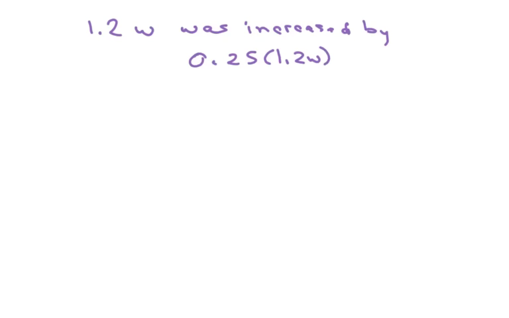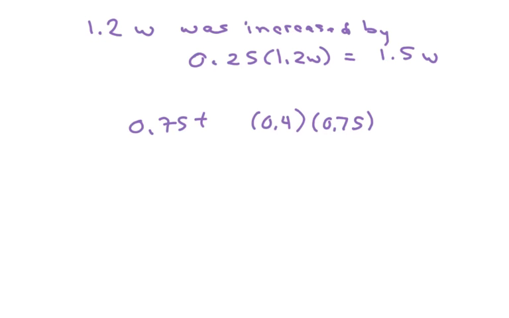So basically, 1.2 W was increased by 0.25 times 1.2 W, which is going to equal 1.5 W. And 0.75 T was decreased by 0.4 times 0.75 T. So you have 0.75 T minus 0.3 T, which equals 0.45 T. And this one right here, I don't think I wrote out.